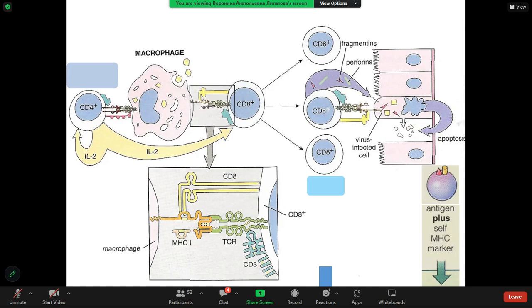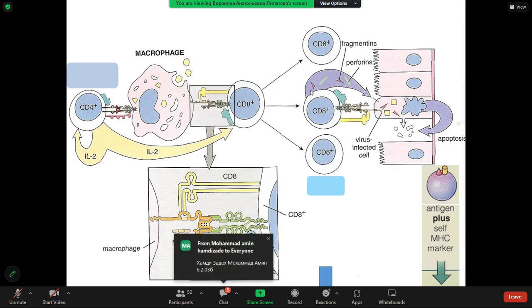After this, the macrophage presents this antigen to the T helper cell, CD4 positive.